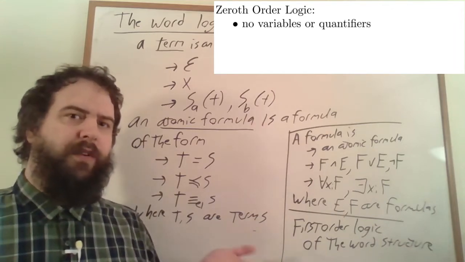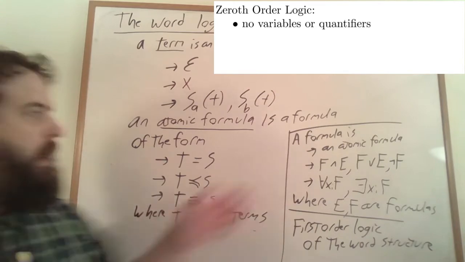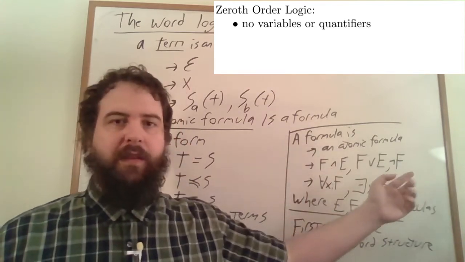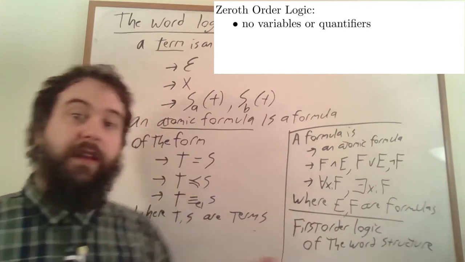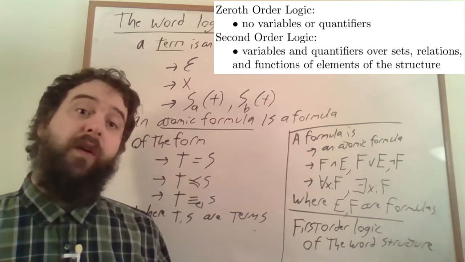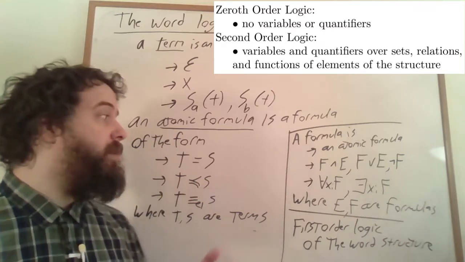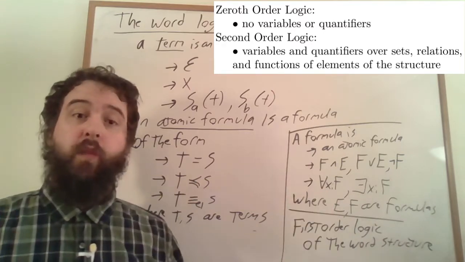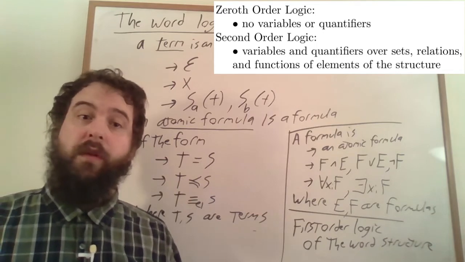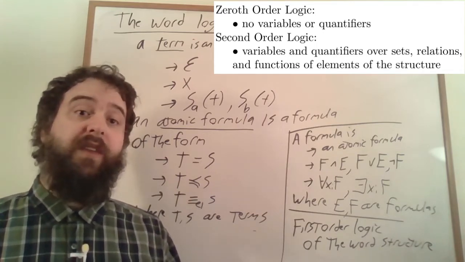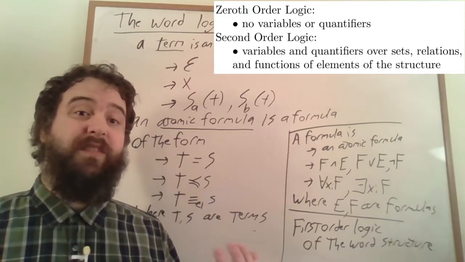Nonetheless, it is important to study. It's important to establish what the rules are for the basic Boolean connectives prior to studying first order logic. Compare also with what's called second order logic, where variables are allowed to represent not just words, but sets of words, or relations on words, or functions on words, giving us a much more powerful and expressive language.